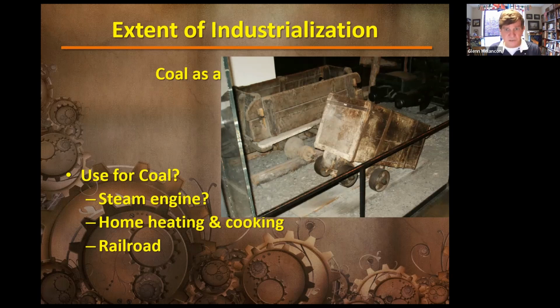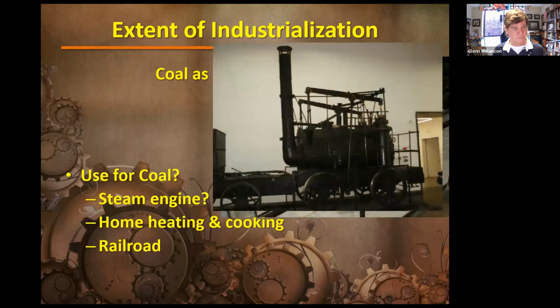So even moving the coal around didn't really spur industrialization in the early 19th century. Only when you move past the 1820s did you actually have some railroads. And here we have the Rocket, the first working locomotive.